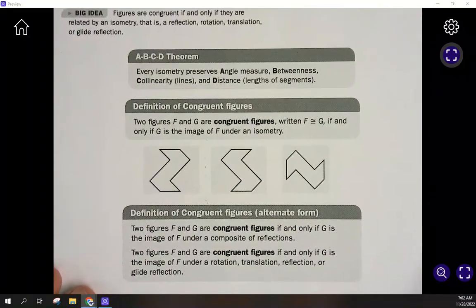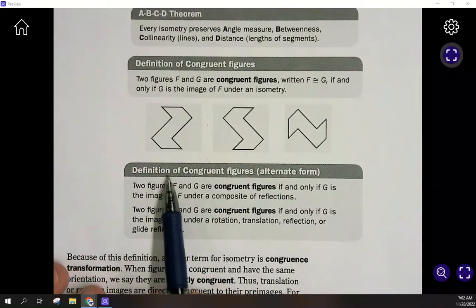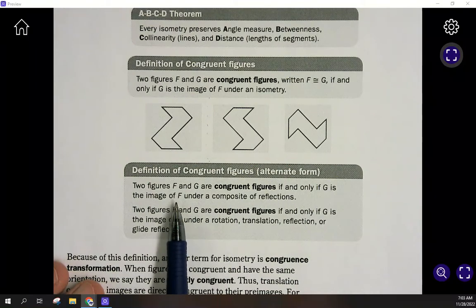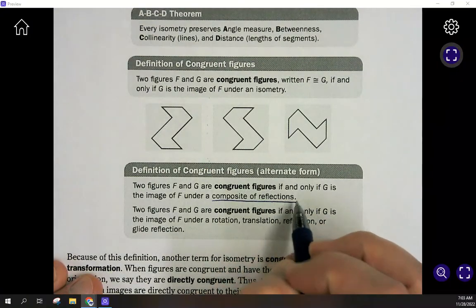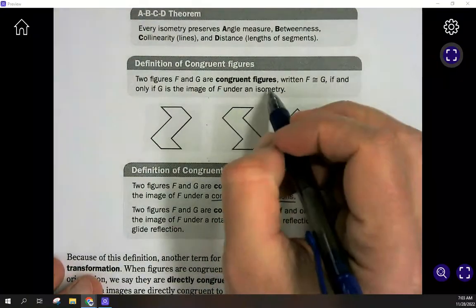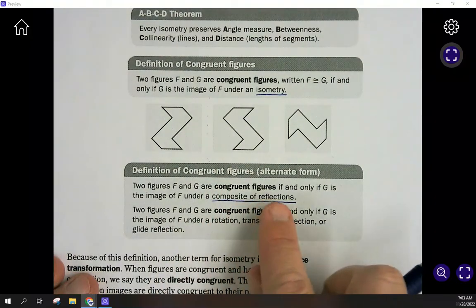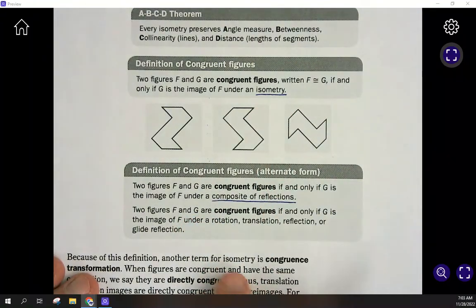And some other language that we need to understand with this, if we slide down, some more definitions of congruent figures. Two figures are congruent if and only if G is the image of F under a composite of reflections. So we need to know that means the same thing as isometry, composite of reflections. Combination of reflections, that's what isometries are.